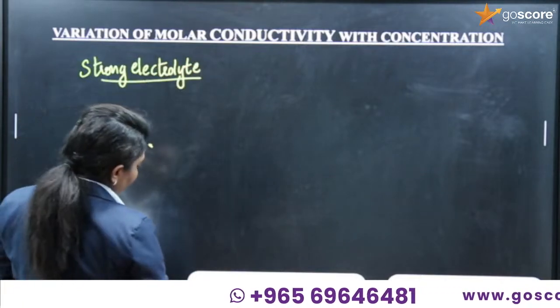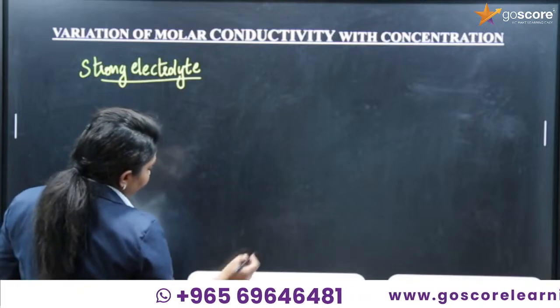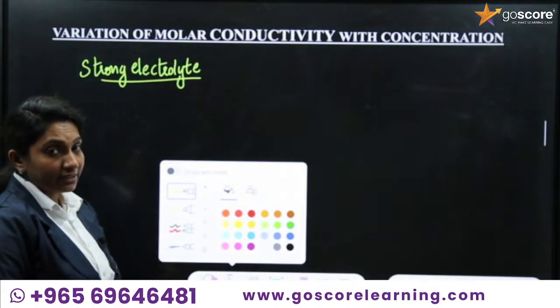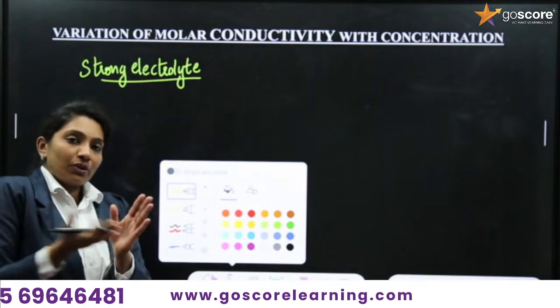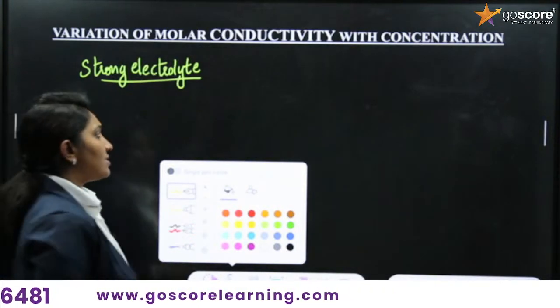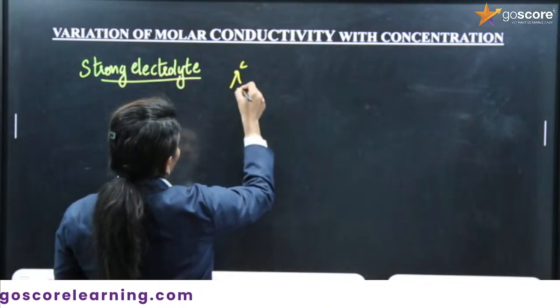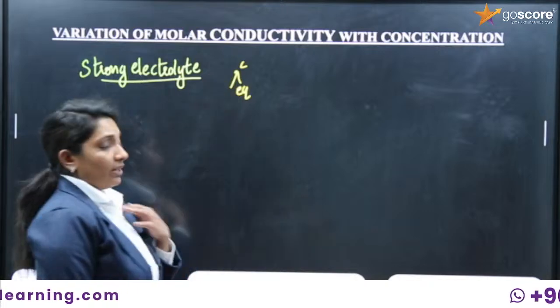you are taking a strong electrolyte, and we are diluting it, right? So when the concentration is C, the equivalent conductivity will be lambda C equivalent, right?